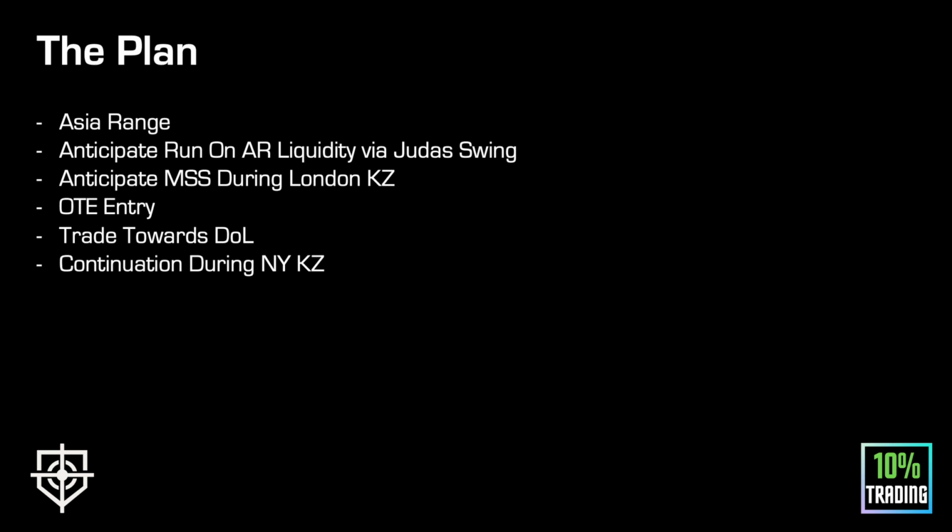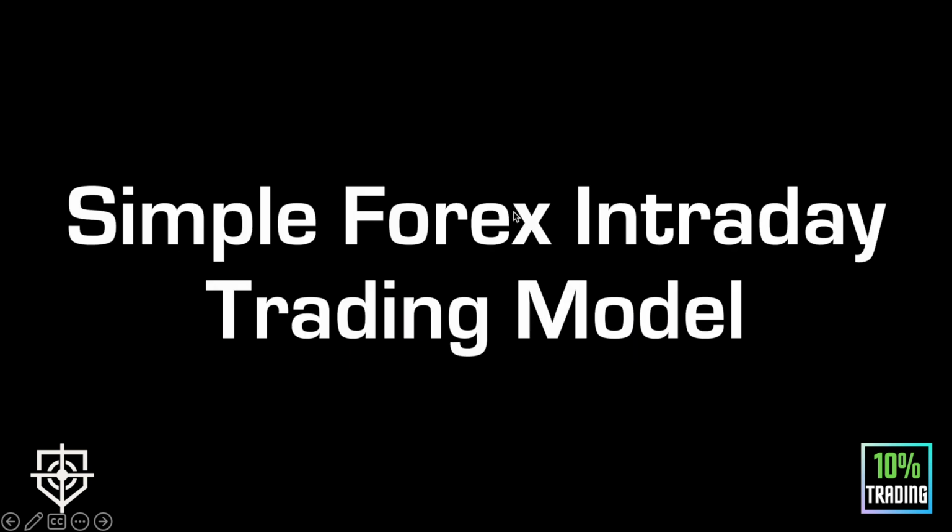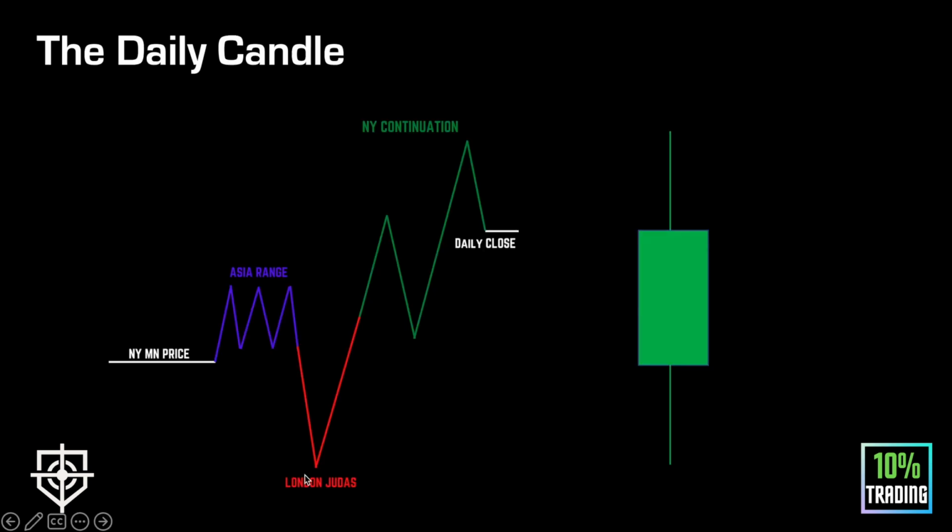Now, one thing before we jump on charts. I mentioned Judas swing. This is very important. Why is it called a Judas swing? Let's think about it for a second. Price opened over here, this line here on the candle. First we moved down and then we moved up. London was the move down first and then the move up.